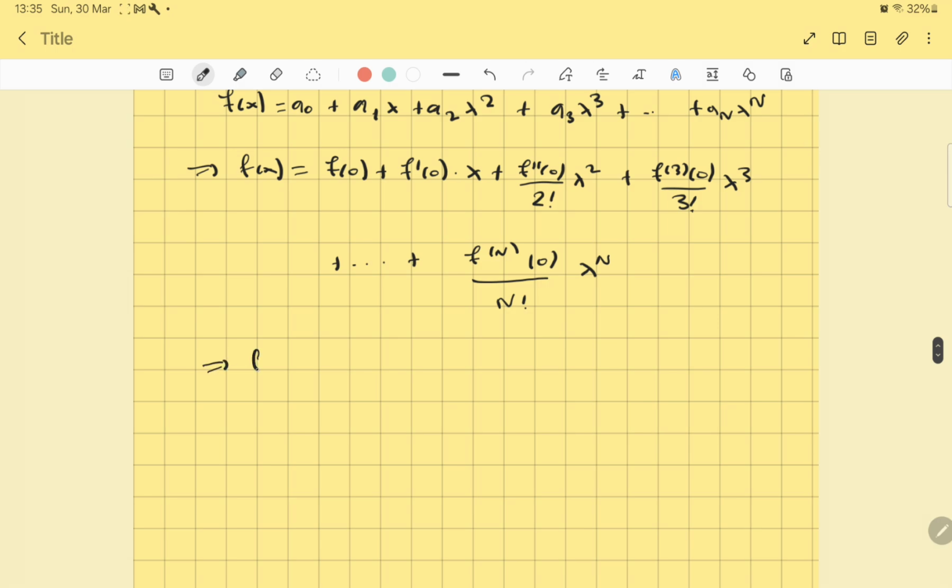So in general I can write f of x as a power series, sum from k equals 0 to n, of the kth order derivative of f evaluated at 0 over k factorial x to the power of k.